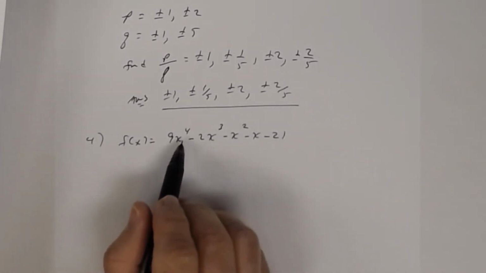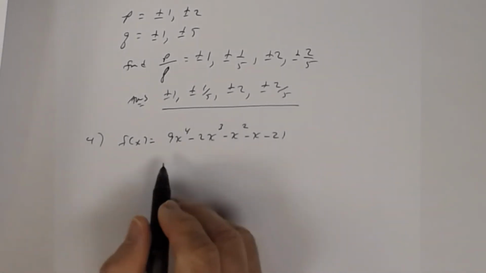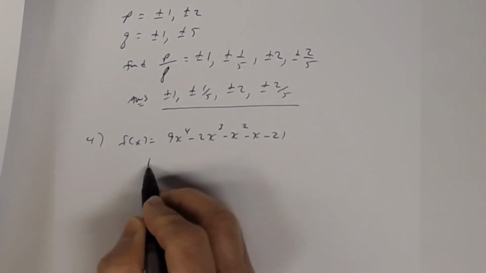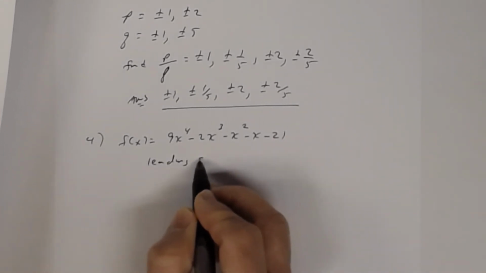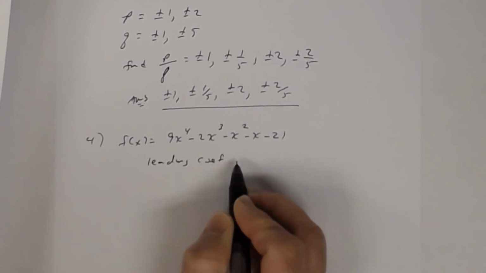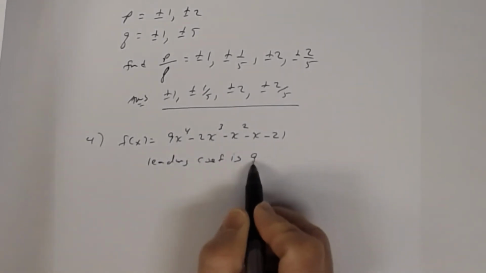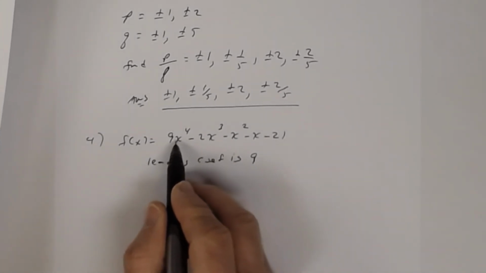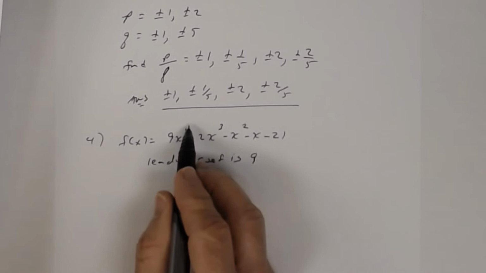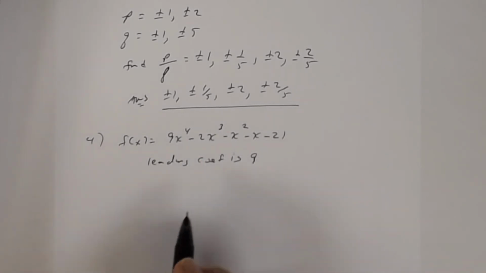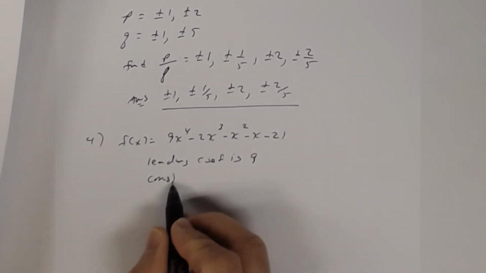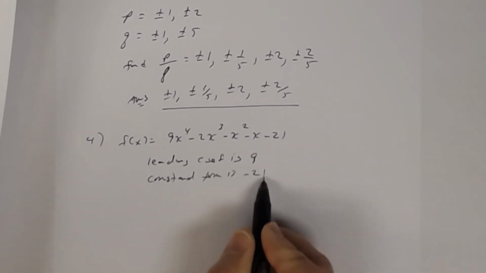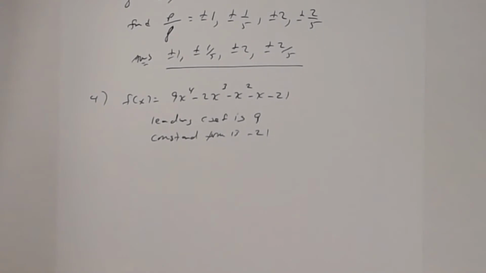So if any are rational, let's see what they would come from. All right, so the leading coefficient is 9. It's already in descending order. So remember, the leading coefficient is the coefficient of the leading term, and the leading term is the term with the largest exponent. The constant term is negative 21. Okay. All right.